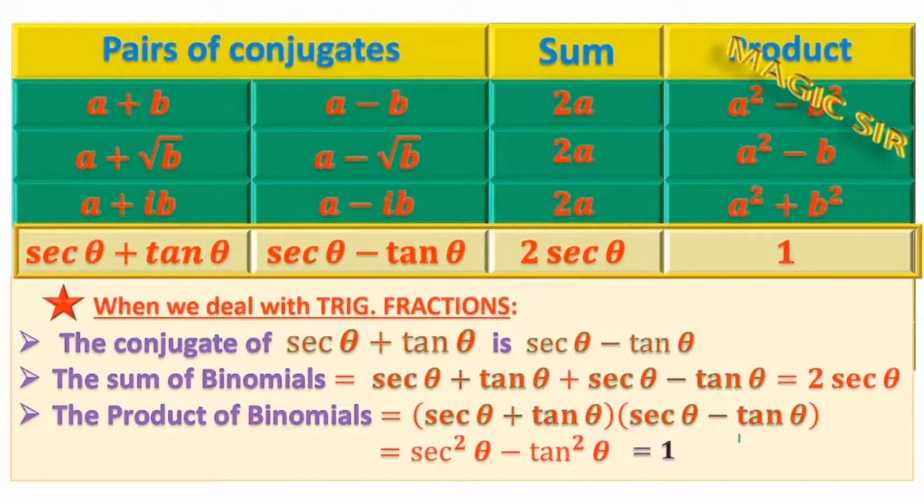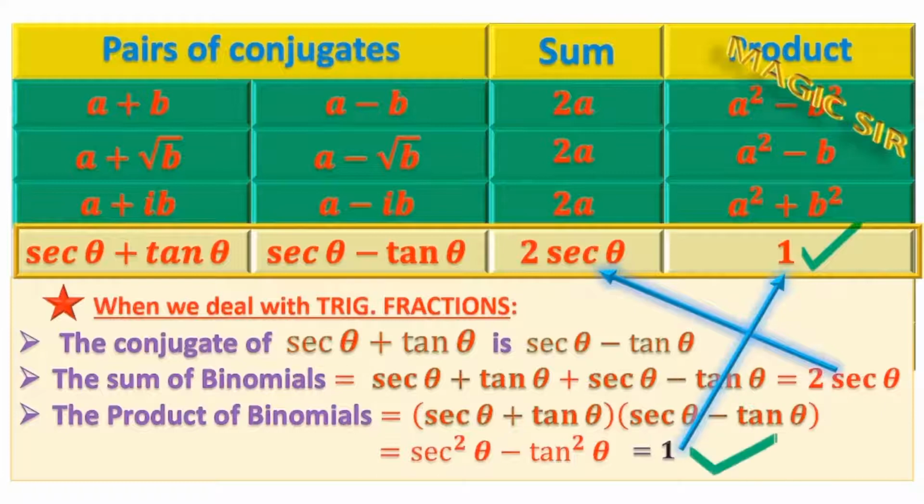Let us consider the above table. Here, sec theta plus tan theta and sec theta minus tan theta are conjugates of each other. Their sum is equal to twice sec theta, and the product of binomials is equal to 1.